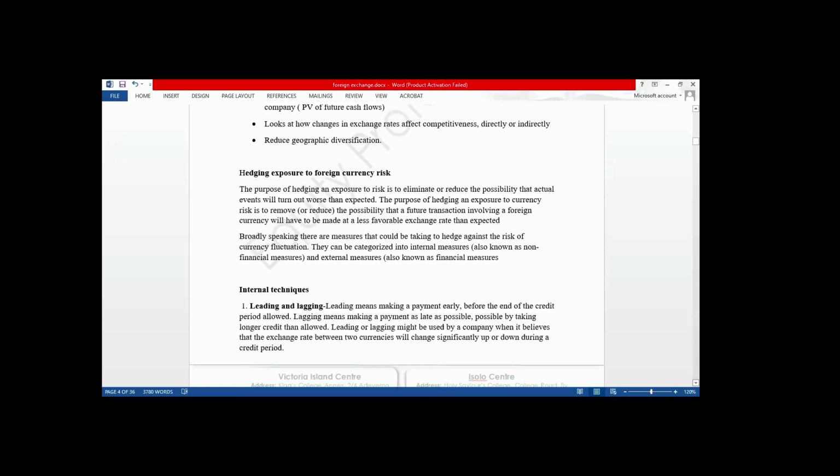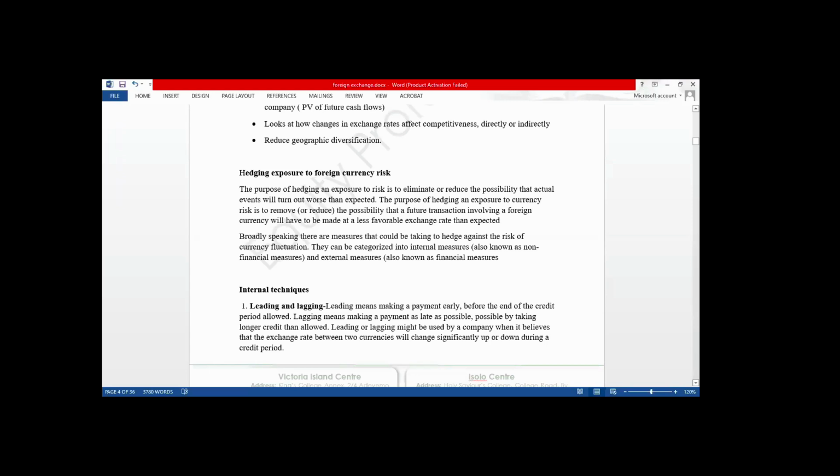Basically, there are two categories of measures that could be taken. We have the internal measures and the external measures. Internal measures, also known as non-financial measures.